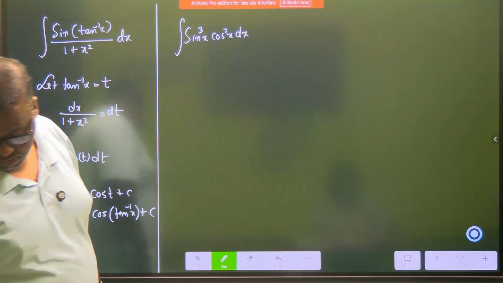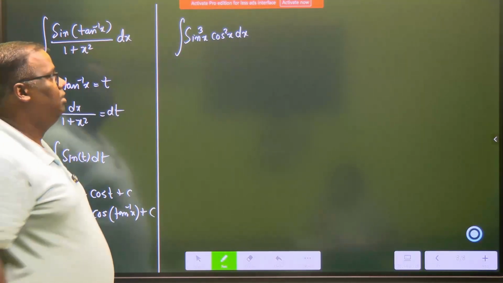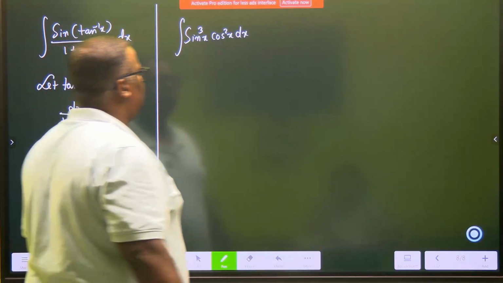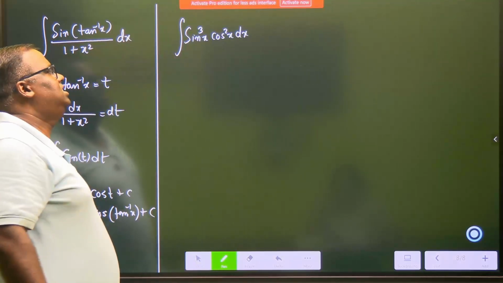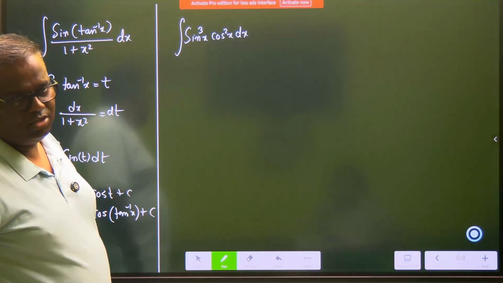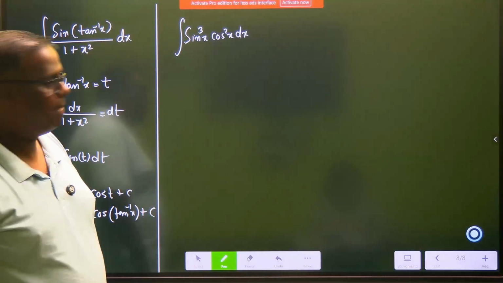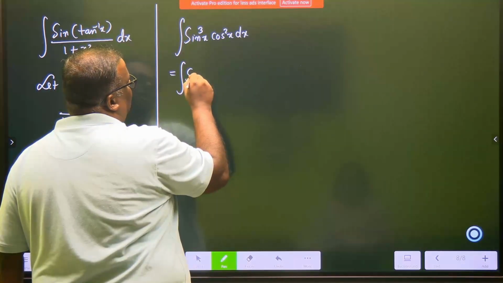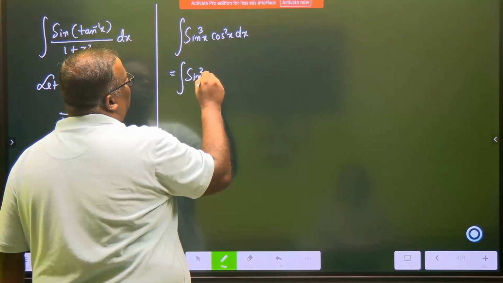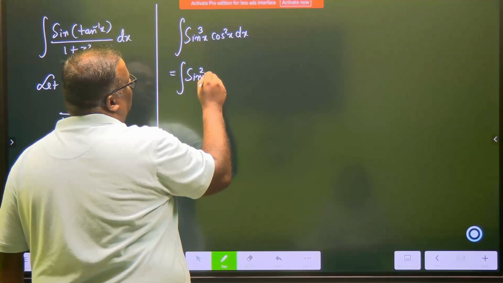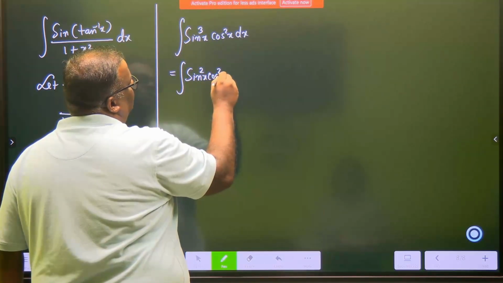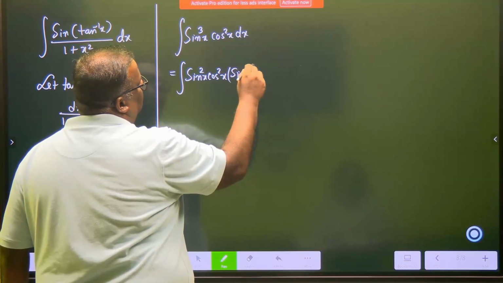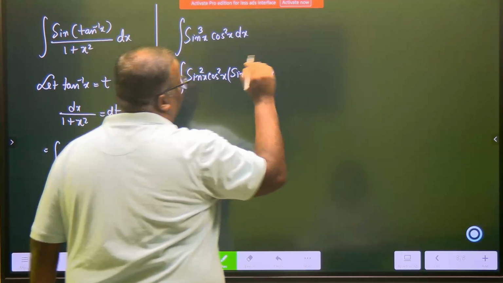You see, sine cube x, cos square x, dx. Huge type of a problem. But I know one thing: if sine is dad, then cos is son. If cos is dad, then sine is son. This is a trick. You can ask me, sir, why did you do it only for this, why not for the other? Well, that will come by practice. Can I write it like this?